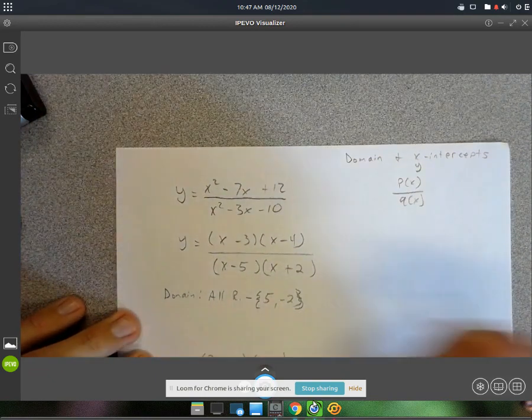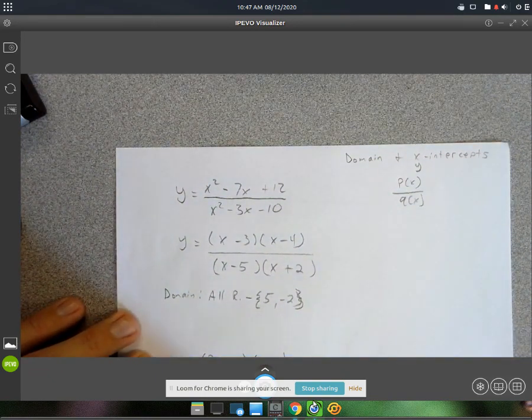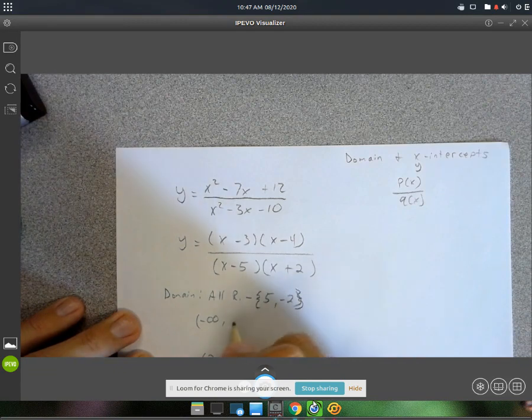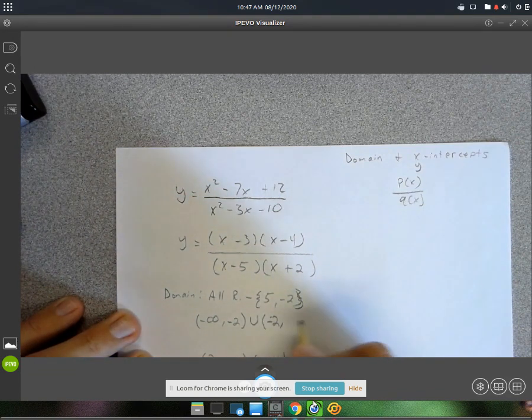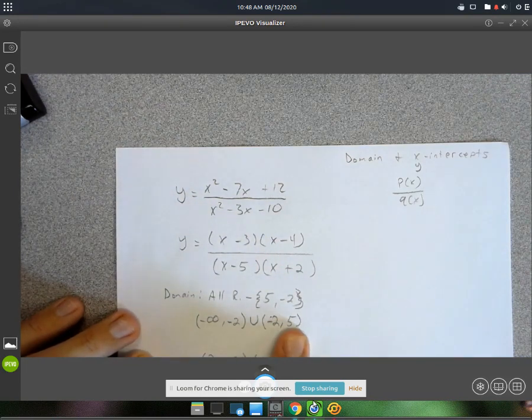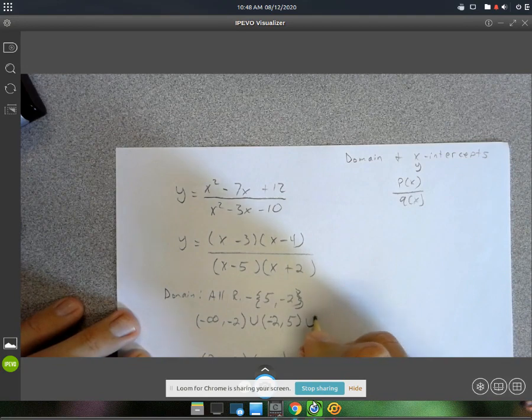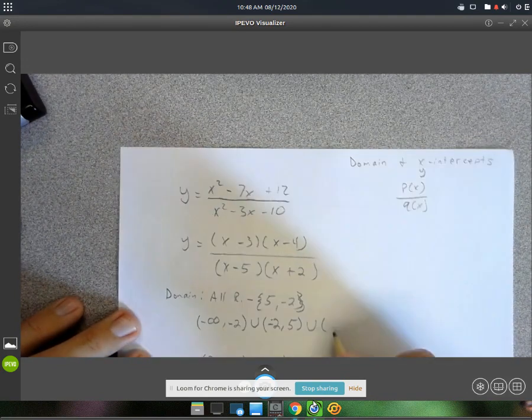If you wanted to write that in interval notation, it would be negative infinity up to -2, but we're not going to include -2, union that with -2 to 5, but we're not including -2 or 5, and then join that with 5 to infinity.